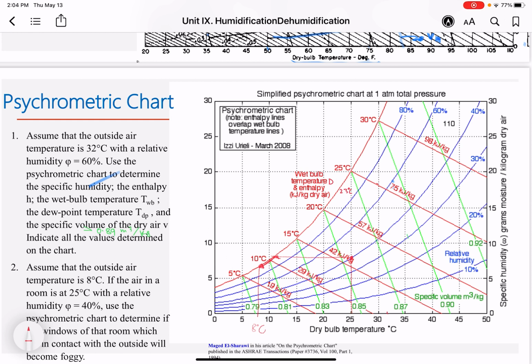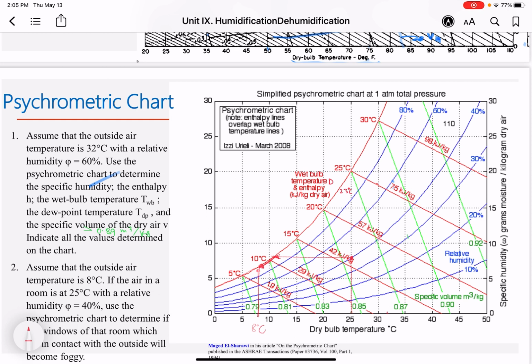Therefore, as it approaches 8 degrees along this saturation line here, the 100% relative humidity, the window will become foggy. Okay? Kasi nga, di ba, mas mababa yung temperature outside than the temperature given in the room, which is 40% relative humidity and 25 degrees centigrade.